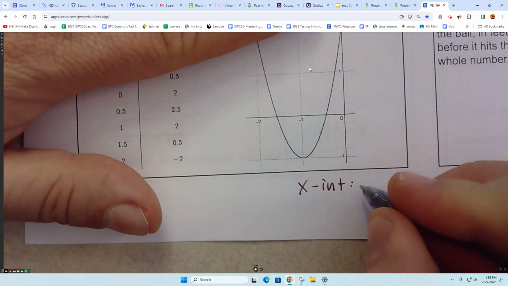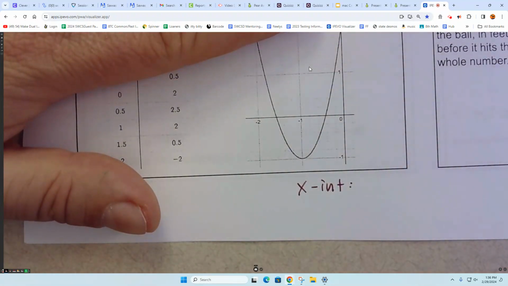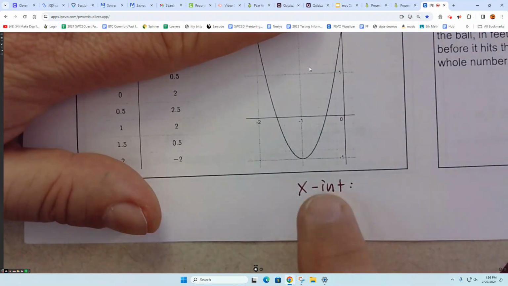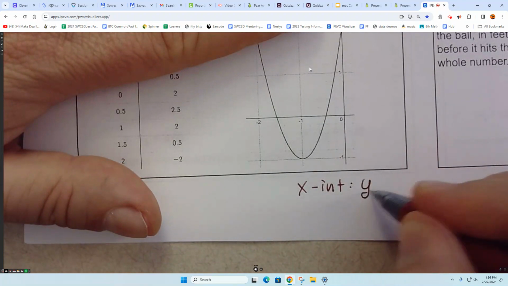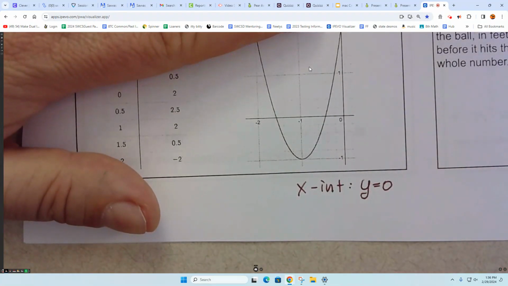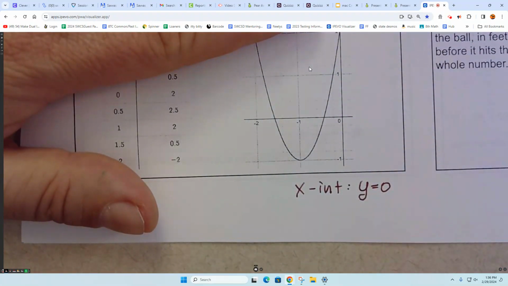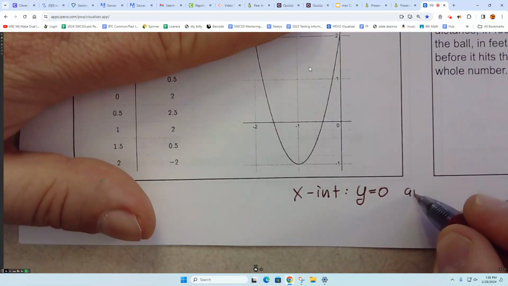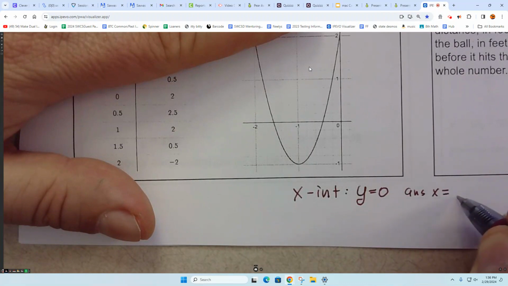Maybe you would answer, if I said how do you find the y-intercept, y equals 0. Close. You're answering the other question. Really x-intercept means y equals 0. I want to know when does that equal 0. And the answer is always going to be x is something.